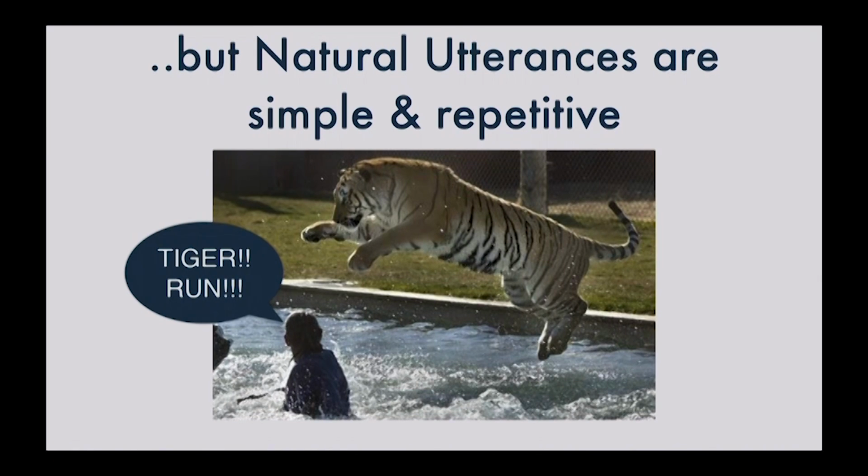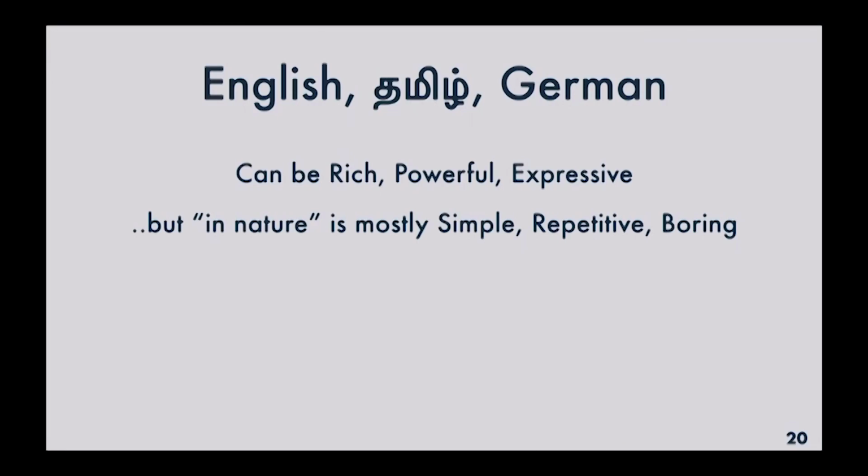And there's arguably evolutionary advantages to using such simple and repetitive communication. So while in the hands of masters, poets, writers, and so on, language can be very rich and very complex and very expressive and very powerful. Actually, in nature, day to day, most of this communication is simple and repetitive and boring.